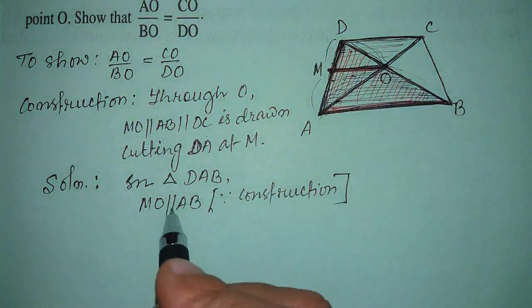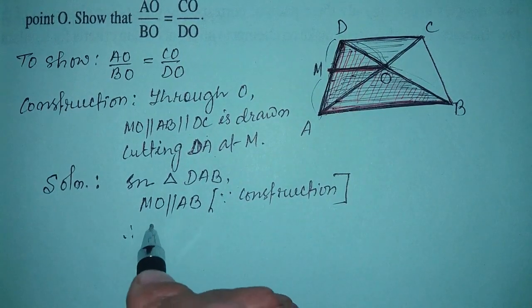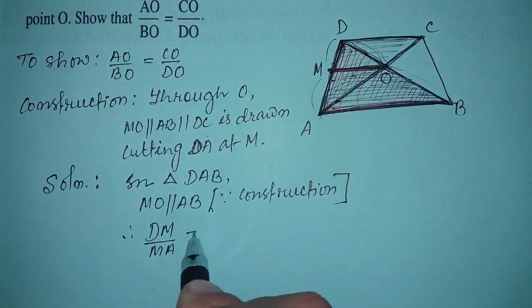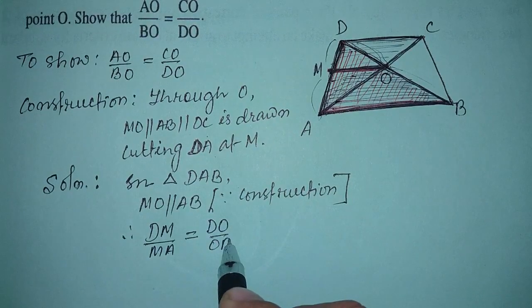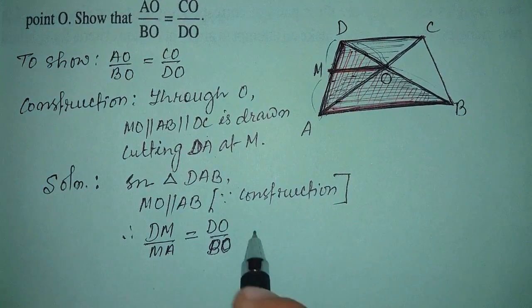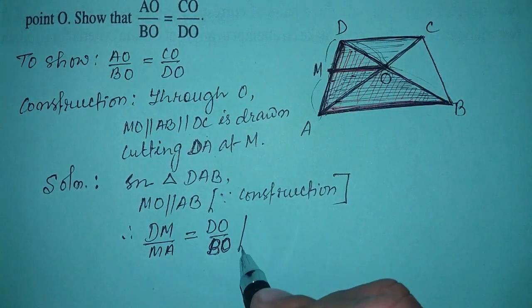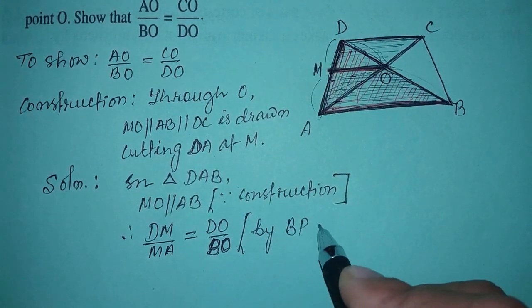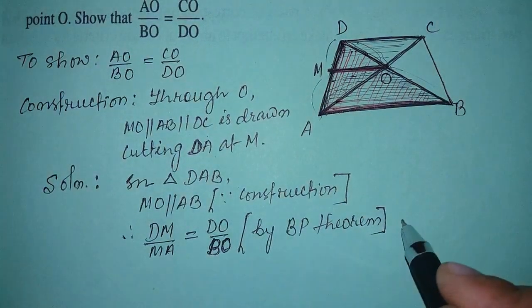Now this is the basic proportionality theorem. So therefore DM by MA is equal to DO by OB, or you can say BO. It means the same thing, DO by BO. This is by the basic proportionality theorem. Now let's call this 1.